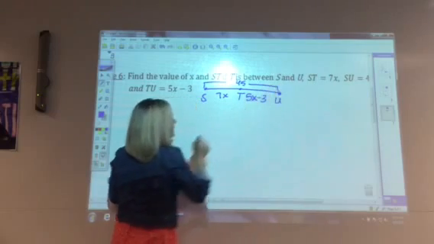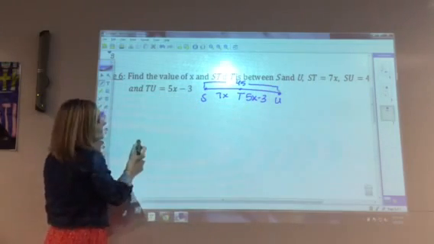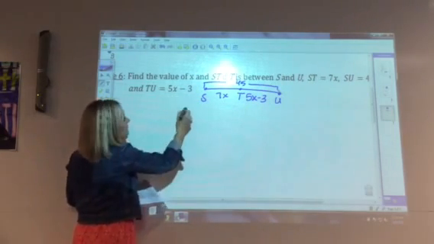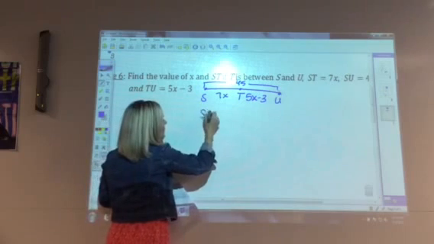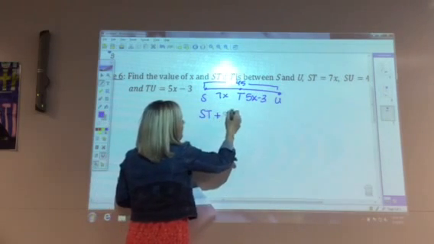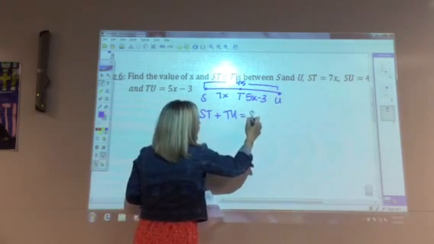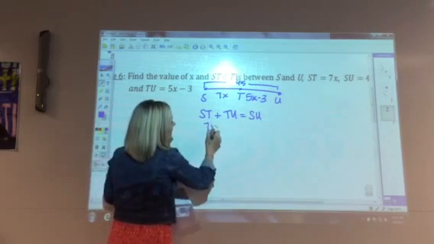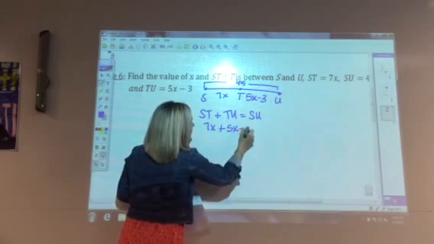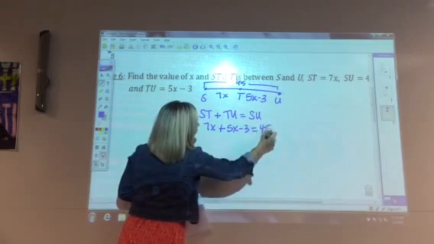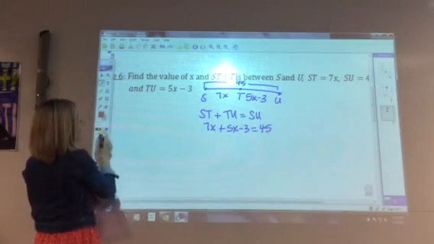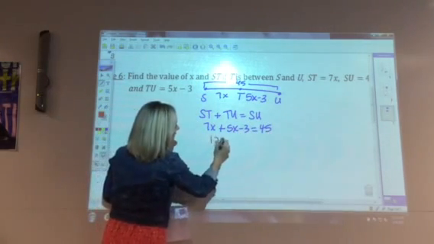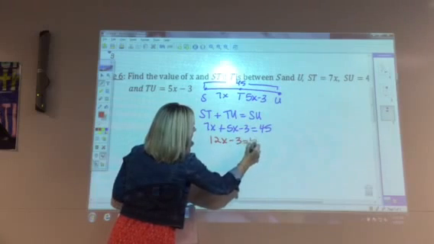So now that I've got it set up, I can easily see how to set it up algebraically. Remember, we've got part plus part equals whole, or ST plus TU equals SU. All right? So when I add that up, I've got 7X plus 5X minus 3 is equal to 45. All right? So then I get 12X minus 3 equals 45.